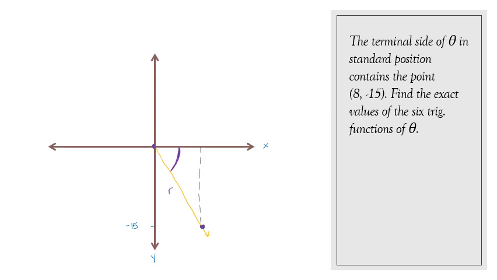This is one side of a right triangle. This is the other. Here's my right angle, where I know this horizontal distance because this is how far I had to go over for my x coordinate. So this distance is actually 8. And this distance is how far down I had to go to get to my y coordinate, which is -15.